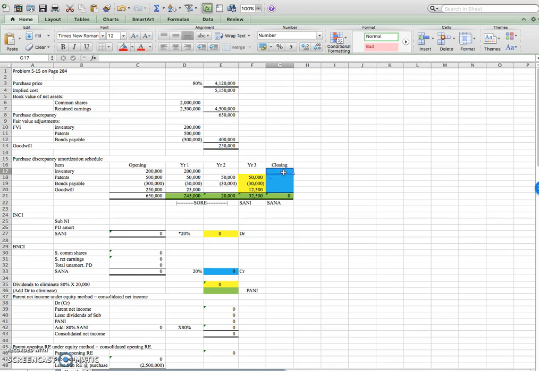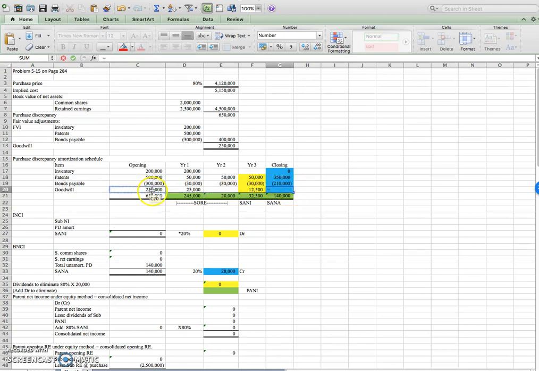Okay, so now we are ready to figure out our closing balances. For inventory, it will be 0 because we had it in the opening and it completely cleared out in year 1. For patents, we will take our 500,000 less our 50,000 each year. Same thing for our bonds payable. We have our 300 less our 30 for each year.